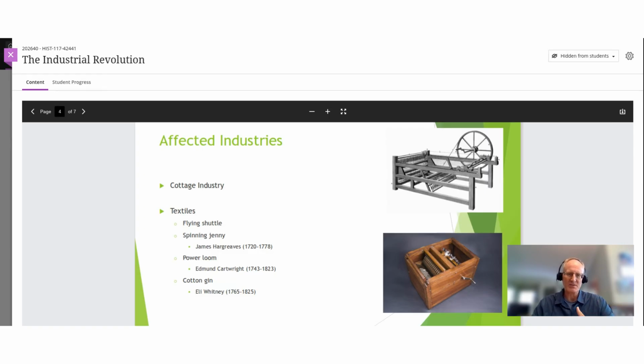But what happens is that now that plantation owners were able to make their individual slaves that much more profitable because they could now produce so much more cleaned cotton for shipment, it meant that the demand for slaves actually went up in this kind of ironic turn of fate.